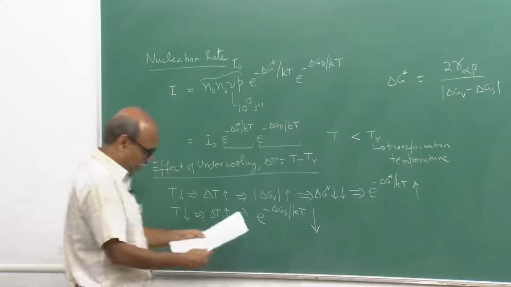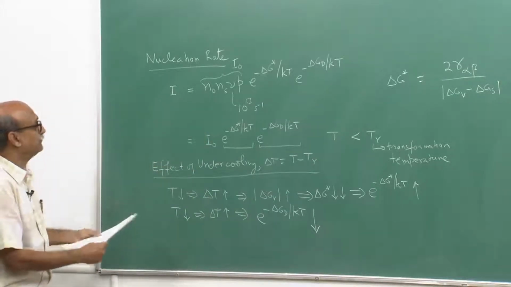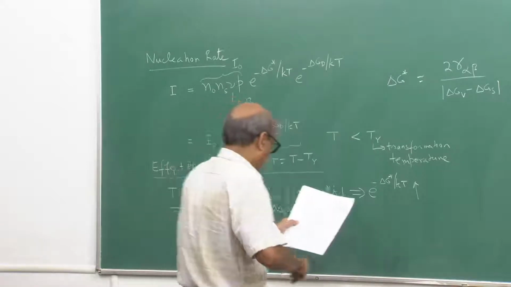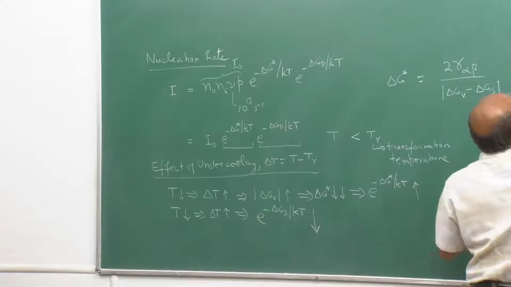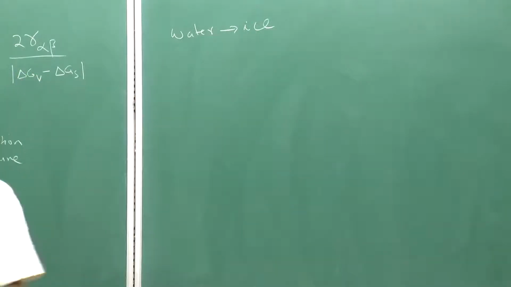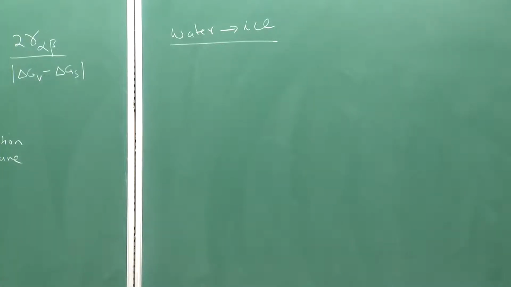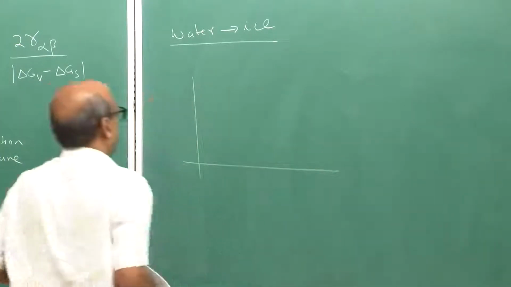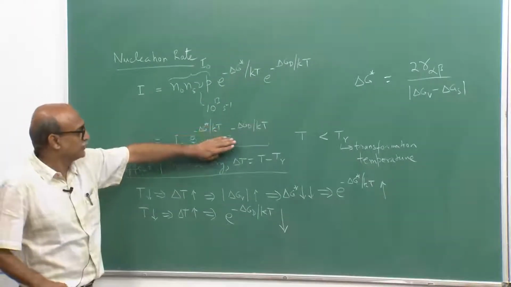Now, it has already been shown in the earlier lectures in part 1, as an example with the transformation of water to ice, that at small undercoolings, nucleation rate is small.